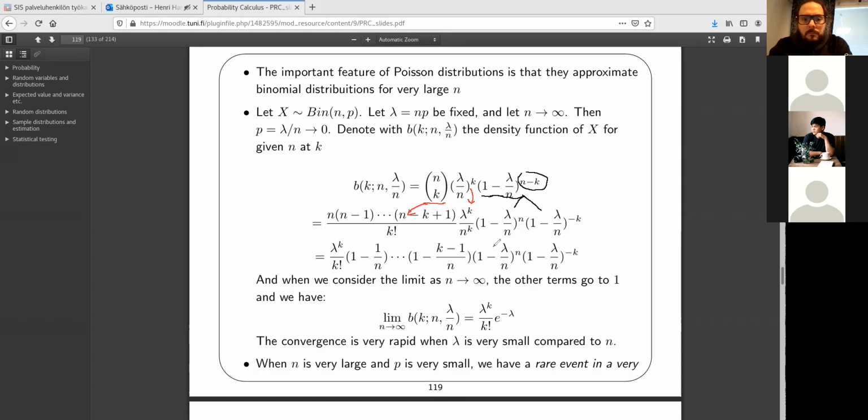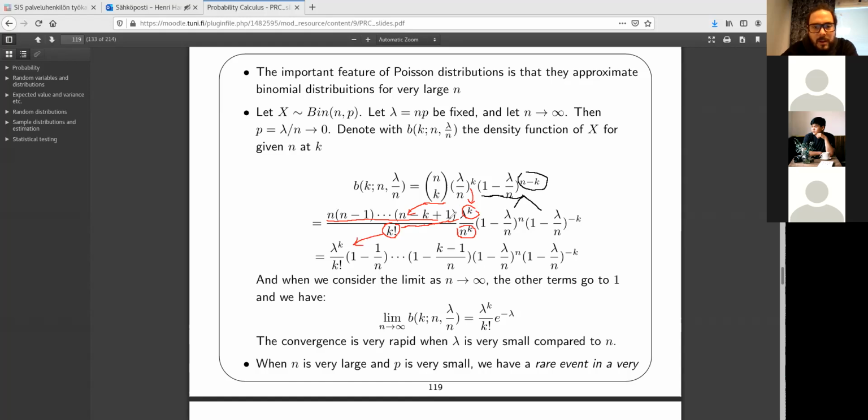Now we can rewrite this so that we divide each and every term here, and then we take this and combine it with this to get this term here.